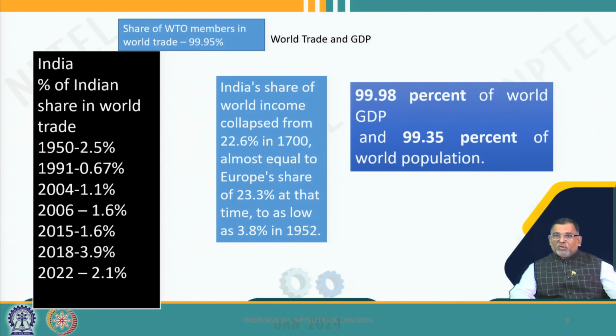So, we opened up our economy in 1991, which again resulted in a rise in our contribution to the world economy. Even in 2018 it reached 3.9, and from 2018 again it is going down, and it reached around 2.5% in 2023.